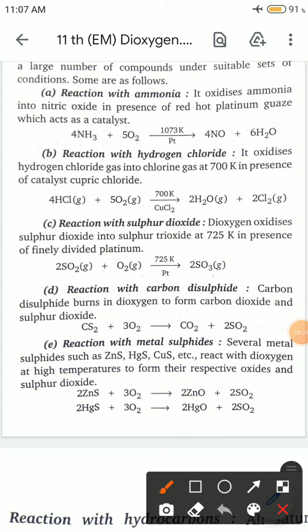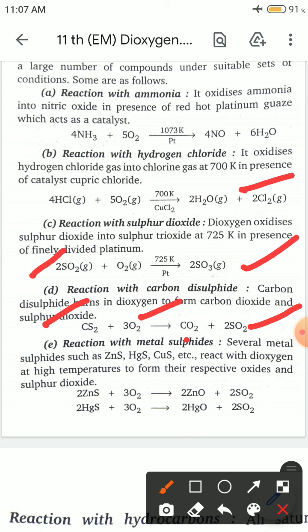It reacts with hydrogen chloride to form chlorine: 4HCl plus O2 gives 2H2O plus 2Cl2. It reacts with sulfur dioxide to form sulfur trioxide: 2SO2 plus O2 gives 2SO3. It reacts with carbon disulfide to form carbon dioxide and sulfur dioxide: CS2 plus 3O2 gives CO2 plus 2SO2.